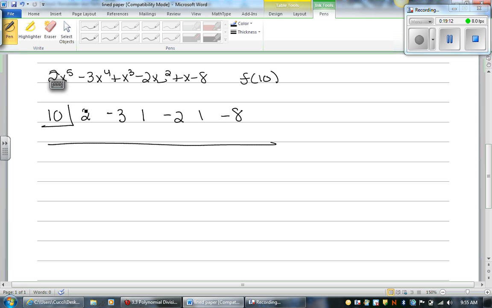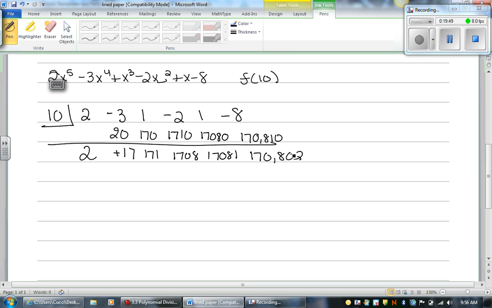Okay, drop my first term, multiply and add, multiply and add, multiply and add, multiply and add, multiply, and some of these do get really big, and add. Okay, so f of 10 equals 170,802.